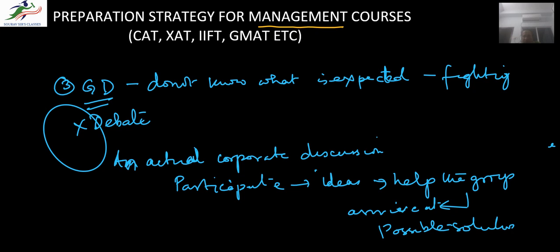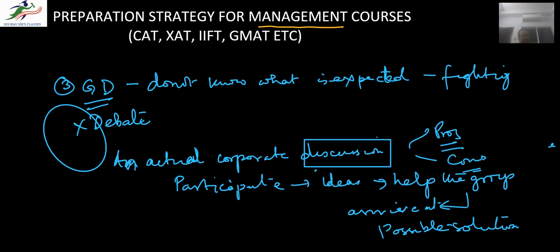This is what happens in any corporate discussion as well. There is a topic and people discuss the pros and cons, both, and then they consider the weightages and the impacts of these pros and cons on the objective of what they are trying to achieve, and then they finally zero in on a few alternatives that possibly they will test out. So this is how a group discussion also is expected to proceed.